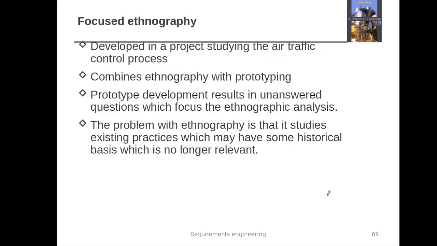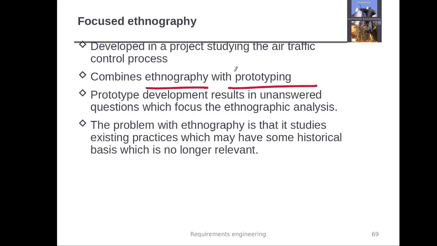Let me tell you about focused ethnography. What happens in focused ethnography? Sometimes ethnography is focused on something, actually by prototyping. Here we combine ethnography with prototyping. You develop a prototype and then you observe how people are working.